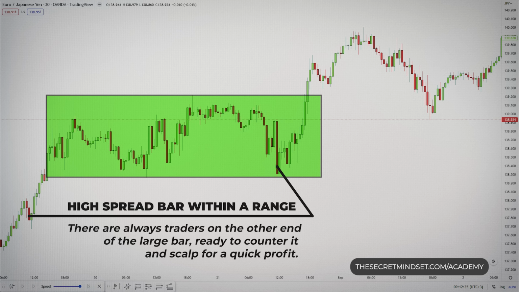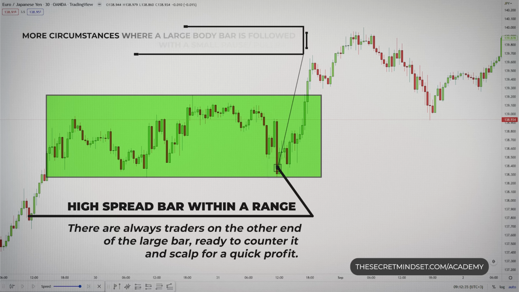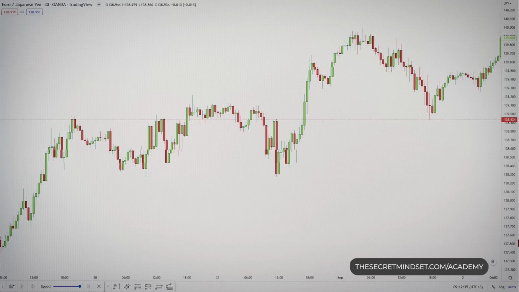If you pull up a chart, you can see large range bars are usually not followed up with continuation during a range. The psychology behind this is simple. Traders who profited from this large range candle are exiting. Therefore, there are more circumstances where a large body bar is followed with a small pause or even a pullback before it continues its trend.